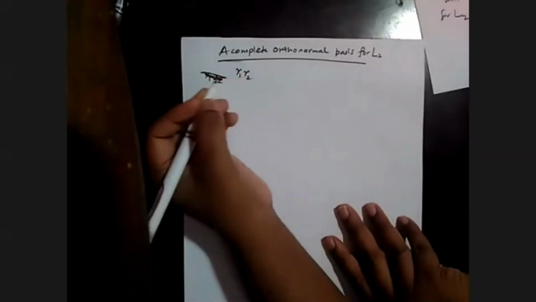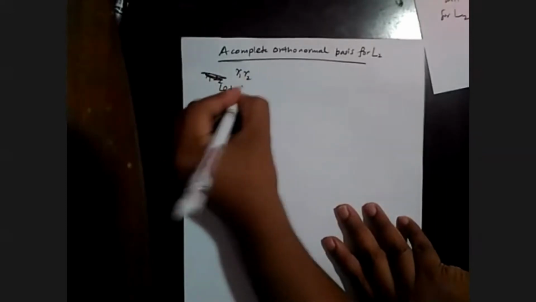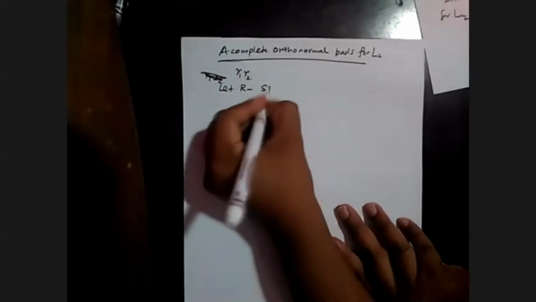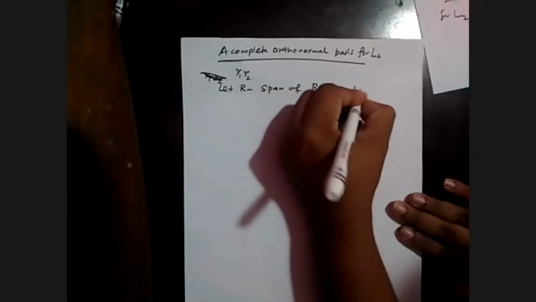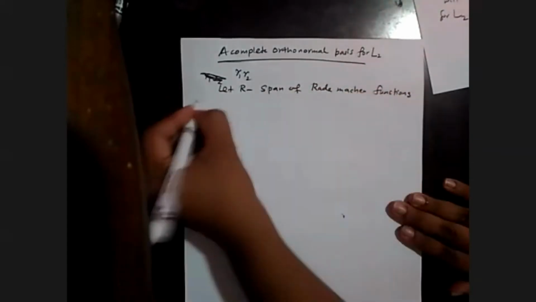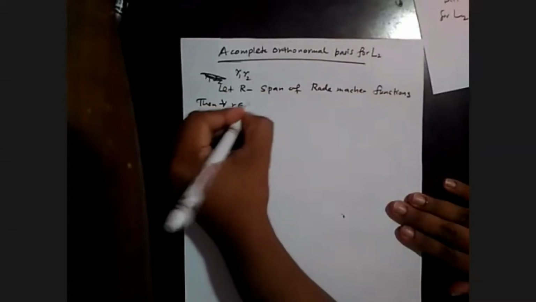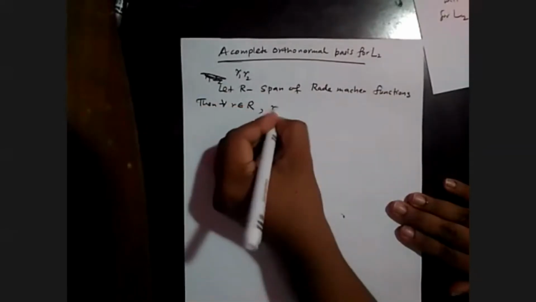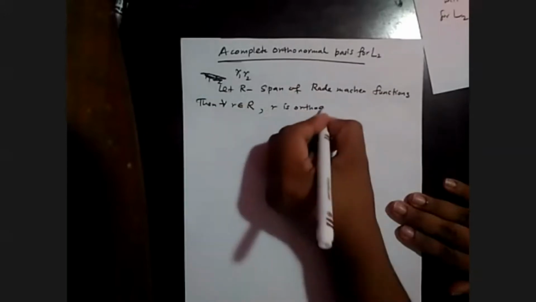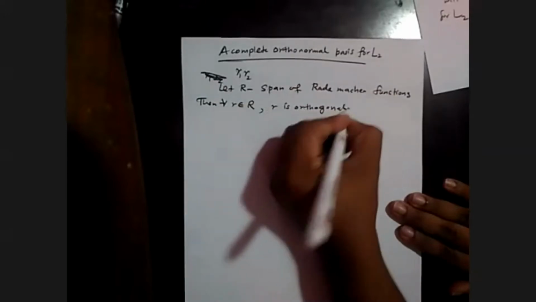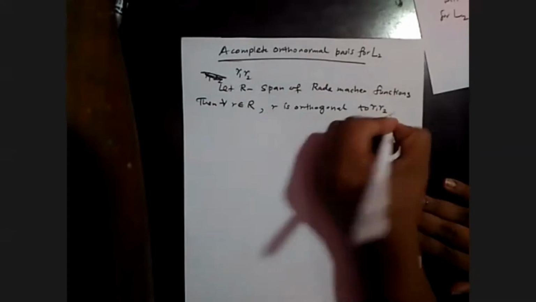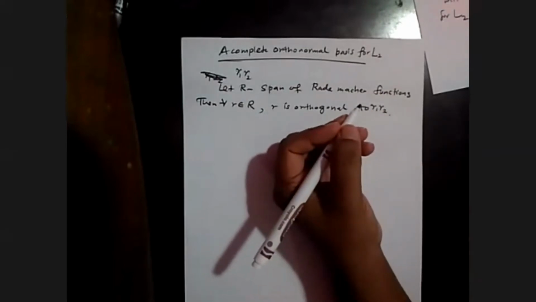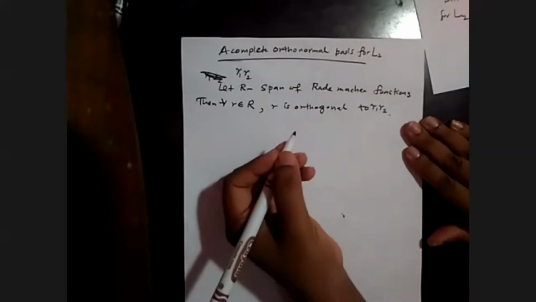To see this, we can consider R1 times R2 and let big R be the span of the Rademacher functions. Then each R in big R is orthogonal to R1 times R2. We can show this using the properties that we discussed.